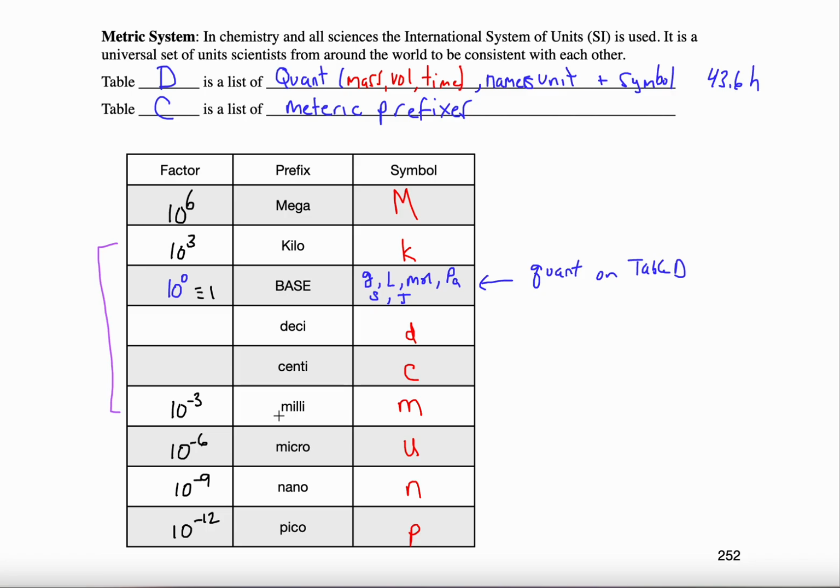What is the amount of water that they are going to drink? What is the dose of their prescription? How tall are they? What is their body's mass? So kilo, the base, deci, centi, and milli tend to be in our functional everyday life.